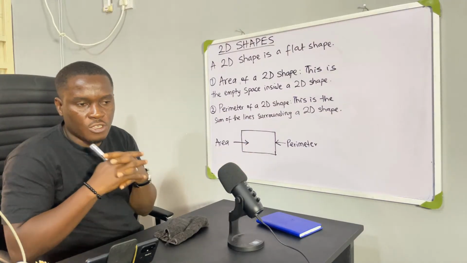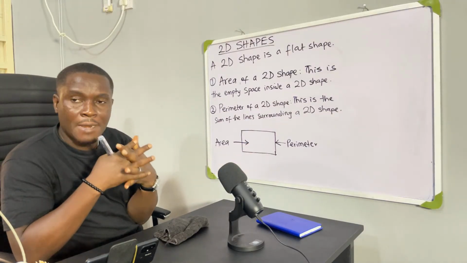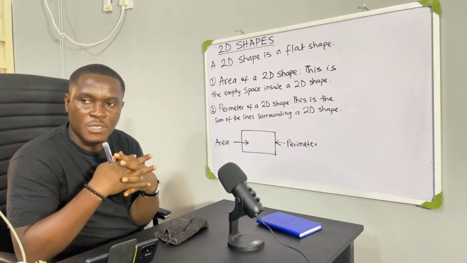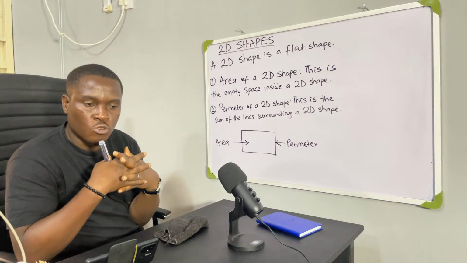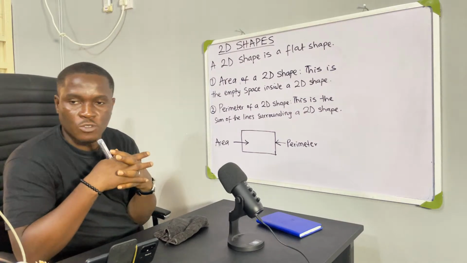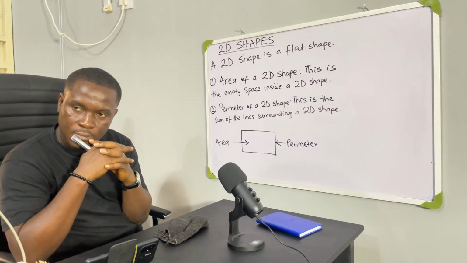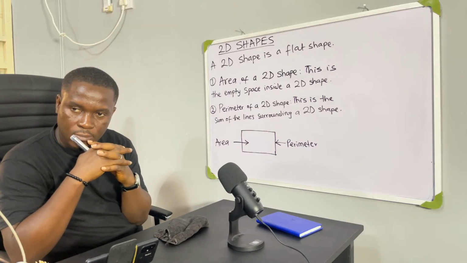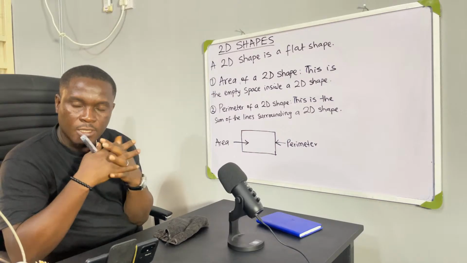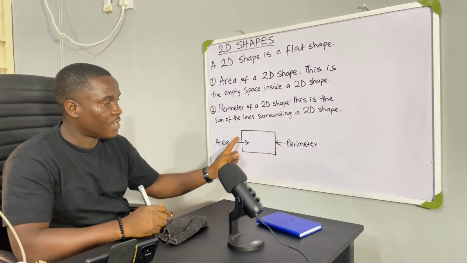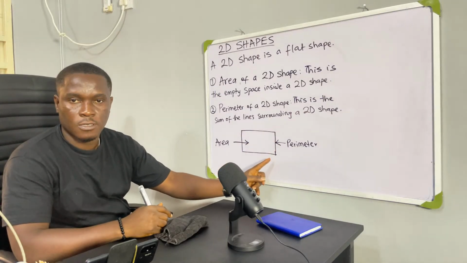In another situation, you might be told that a man bought a piece of land and he wants to fence the piece of land. What is the total length of fence he's going to construct? Is that area or perimeter? That's outward, so that's perimeter, because the fence will go around the piece of land, right?